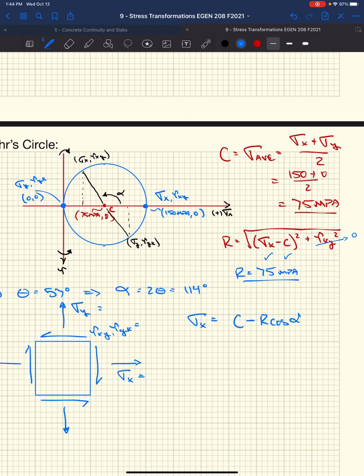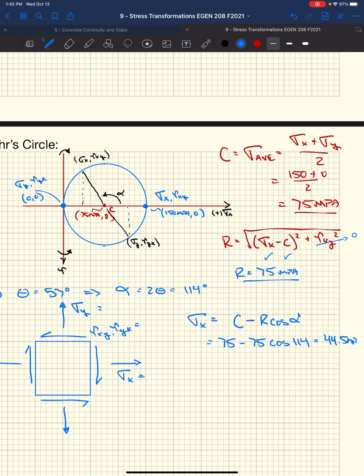If we drew a line at 114 degrees, we know that we're going to be back behind the center, right? So we're really looking for what is this point? Well, it's going to be the center minus the component of the stress acted over that theta, which is going to be the cosine of alpha.